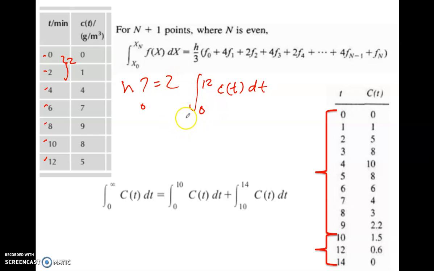You just follow that number. H is 2 over 3, and what is your F naught? F naught is your CT, the response, which is 0, plus 4 times F1, which is 1, and then 2 times F2. This is F naught, this is F1, this is F2, times 4. You continue with the rest of the data and then sum it up.